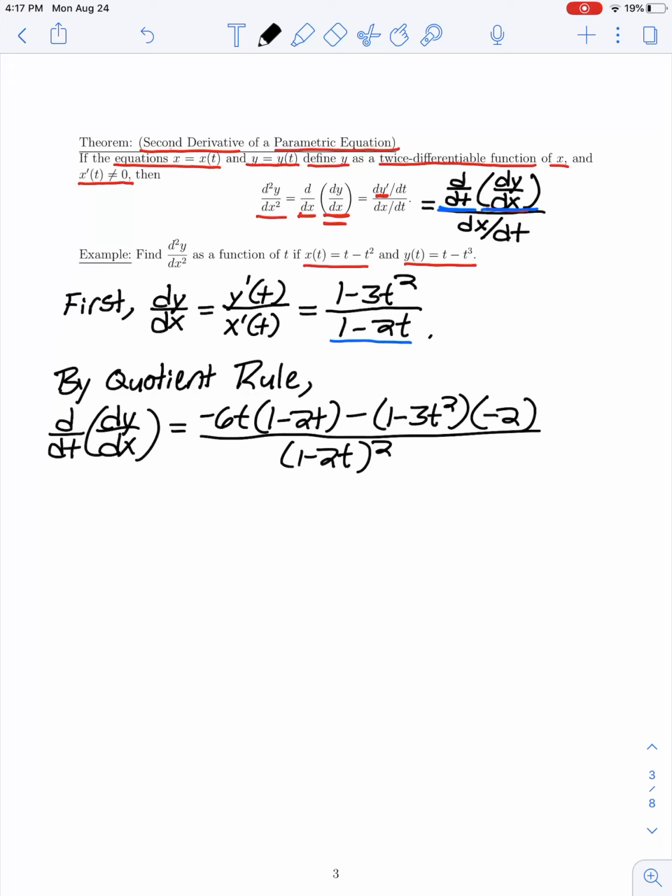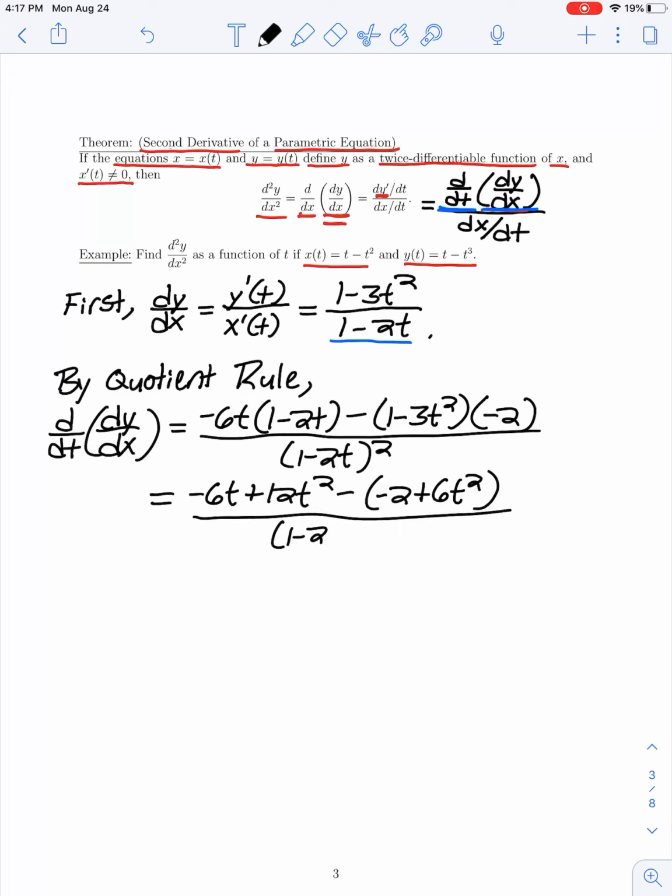So let's simplify a little bit. In the numerator, distributing the negative 6t, we have negative 6t plus 12t squared. And then we are subtracting, if we distribute the negative 2, negative 2 plus 6t squared. The entire thing is still being divided by (1 minus 2t) squared.